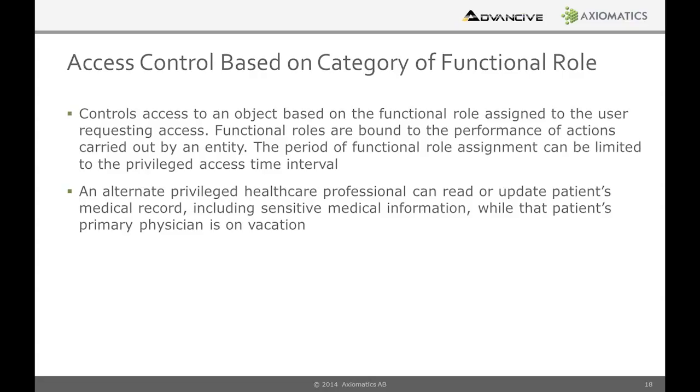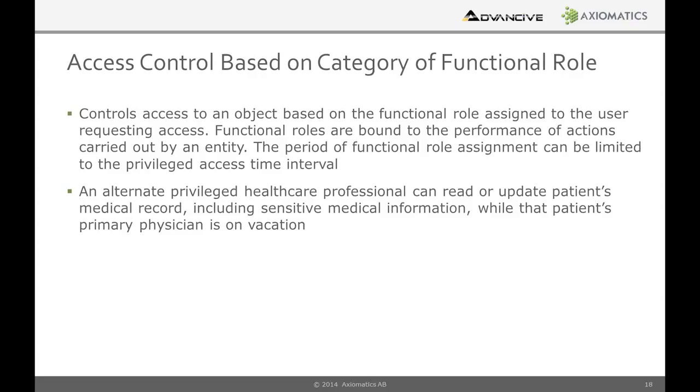A good example of that would be an alternate privileged healthcare professional who can read or update a patient's medical record, including sensitive information, while that patient's primary physician is on vacation. So what that means is we have somebody who is a privileged healthcare professional who can assume the role of the physician for some period of time. And that's what we mean here by functional role. It's a function that the user is playing at the time of performing the request.